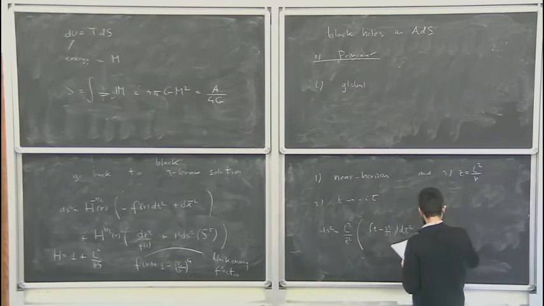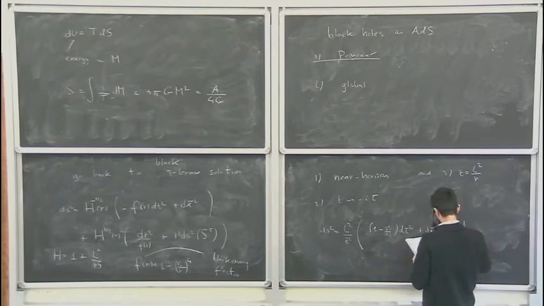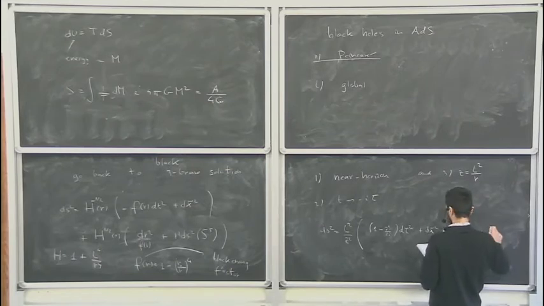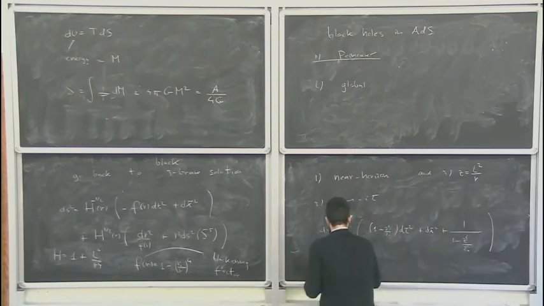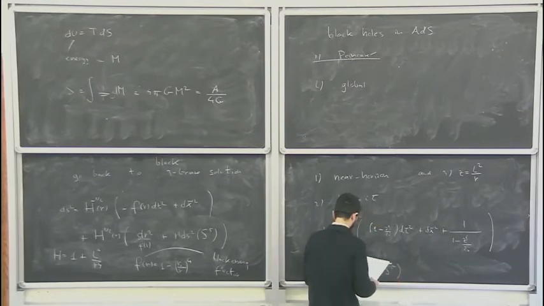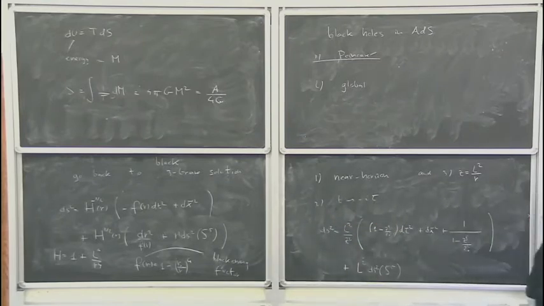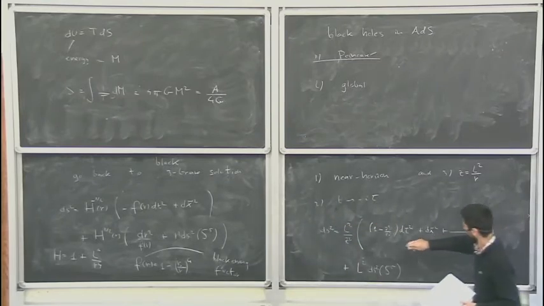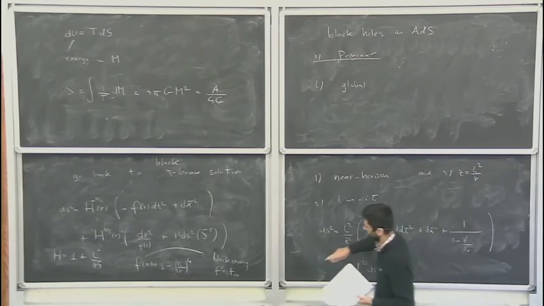Plus something which we are going to forget about, just the metric on S5. Okay, so z star is simply a redefinition of the parameter r star.